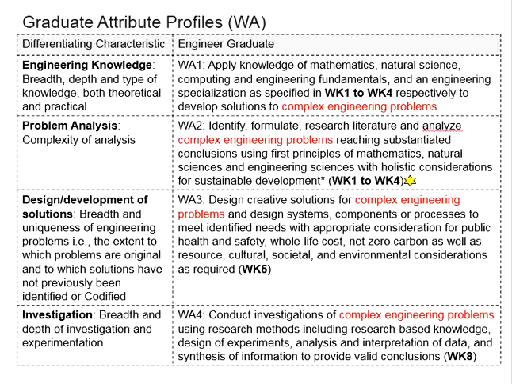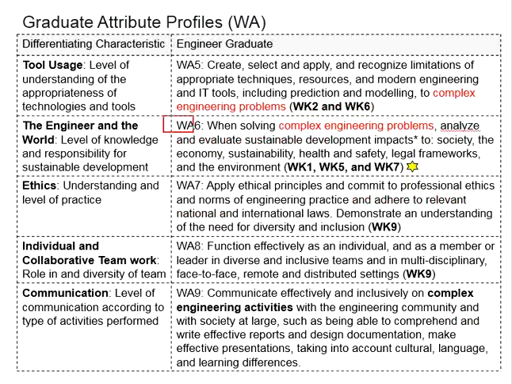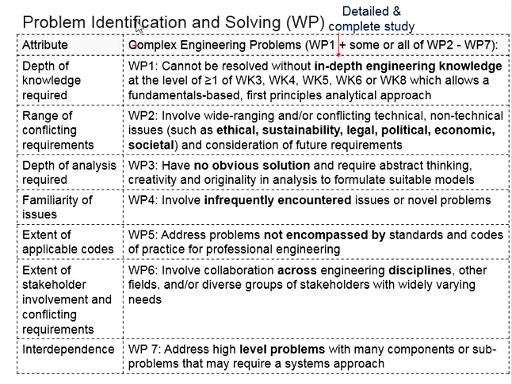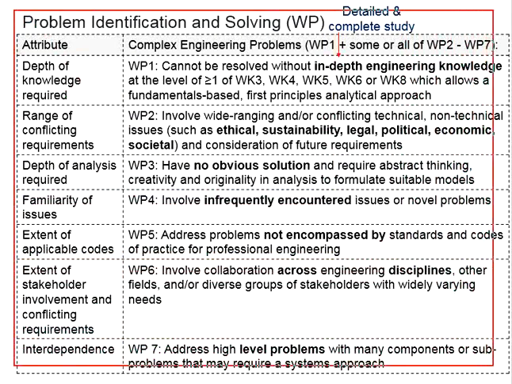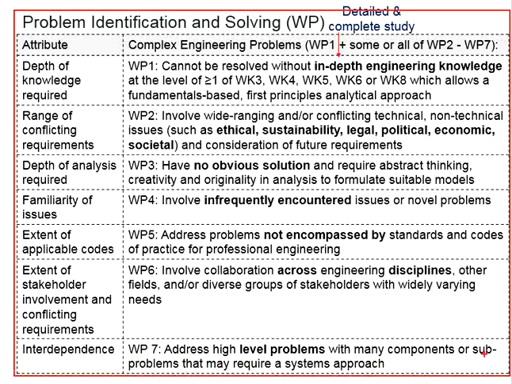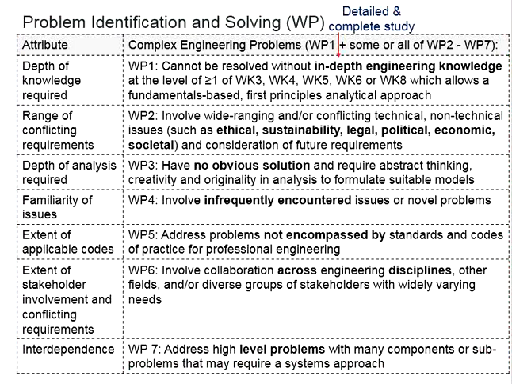To make it simple, when you read the statements of the graduate attributes, whenever you encounter the terms complex engineering problem, which you can find in WA1 to WA6, you will need to refer to the complex engineering problems definitions as given in the slides here.